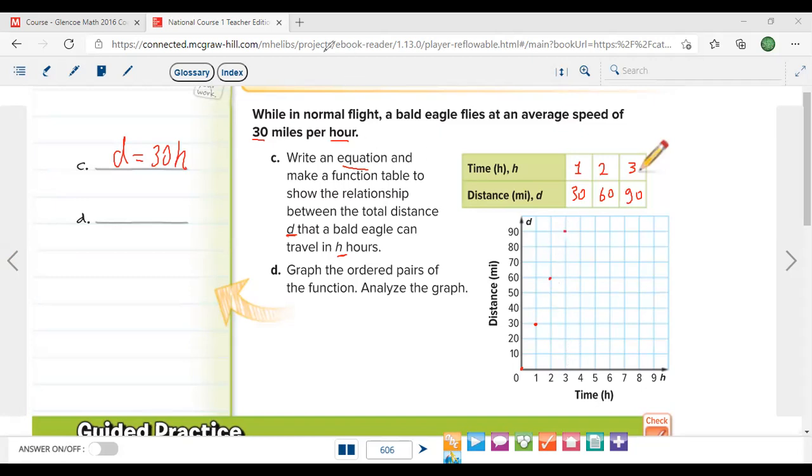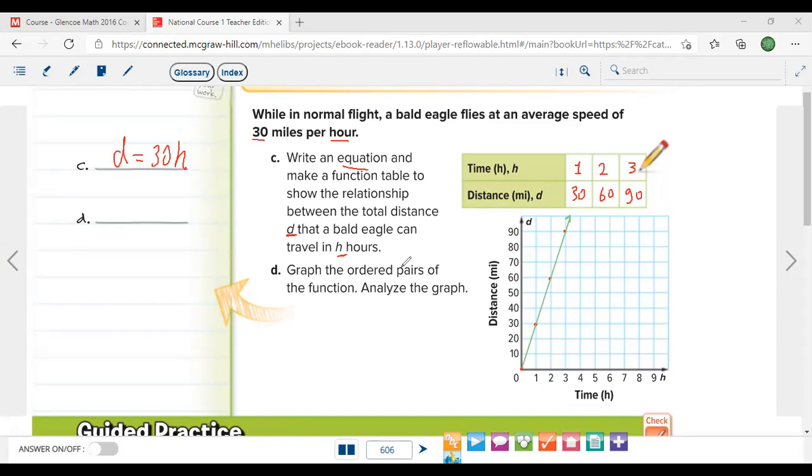Then we can join with a line, and we can make an arrow. Means as long as number of hours is increasing, the distance also will increase. Means if we take 4, it will be 120. If we take 5, it will be 150, and so on.